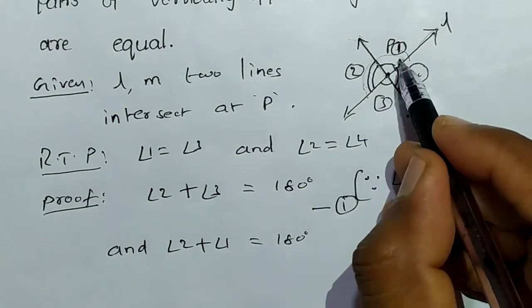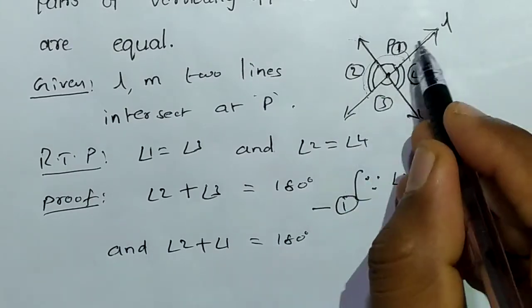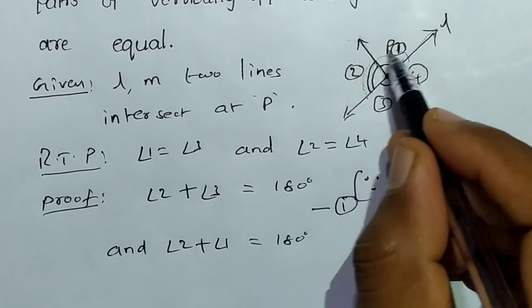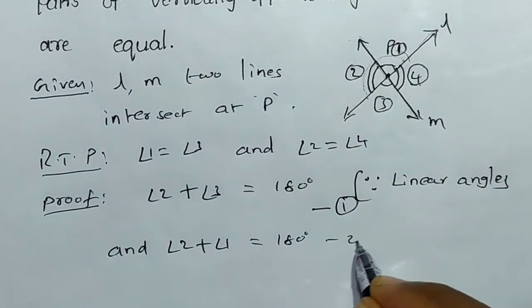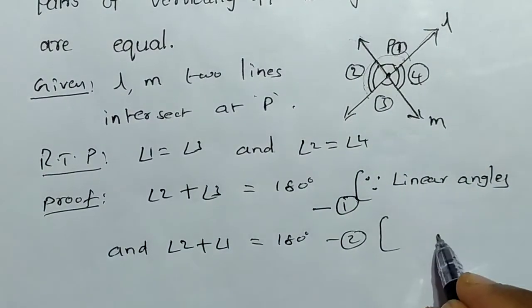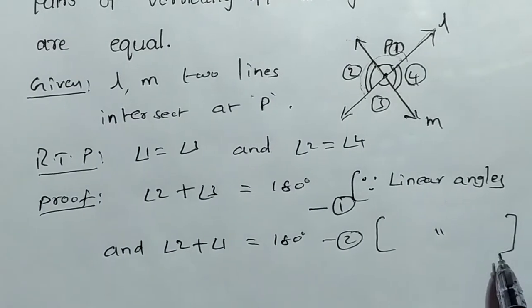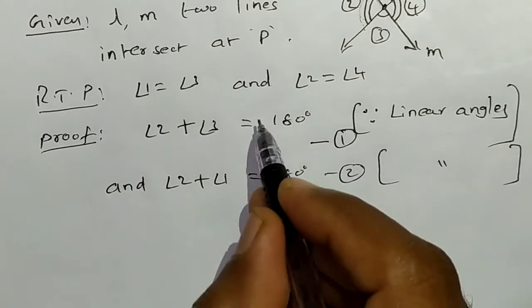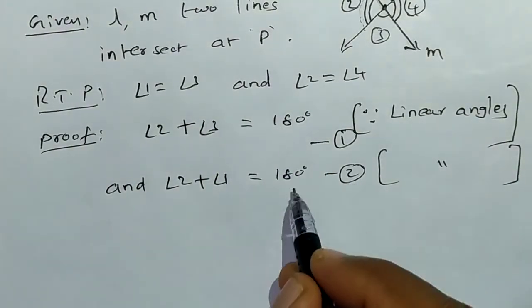So these two angles form a straight line, means these two angles are called linear angles or linear pair. This is equation 2. Same reason, linear angles, right?